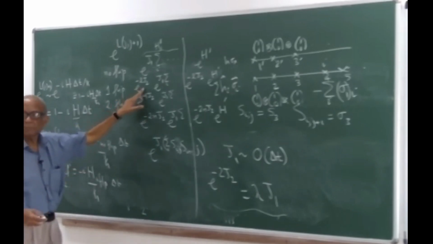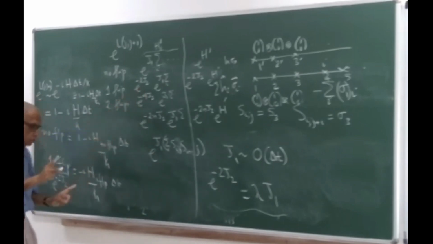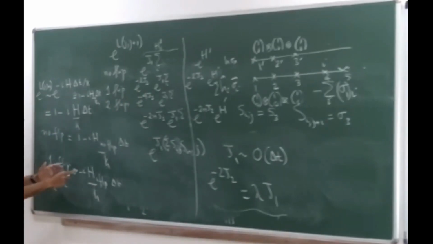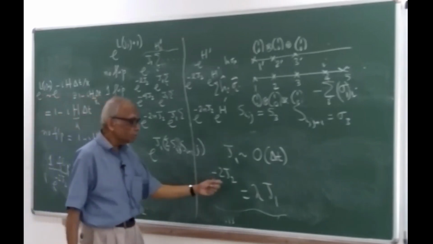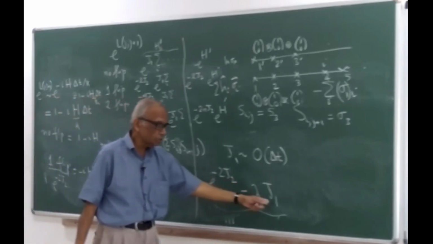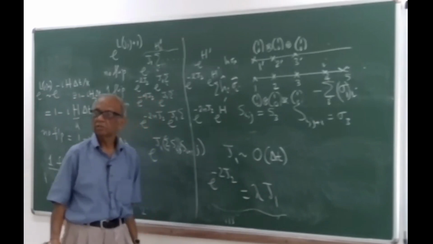It is e to the power minus 2J2. So for consistency, e to the power minus 2J2 has to be of order J1, and therefore of some constant times delta t.